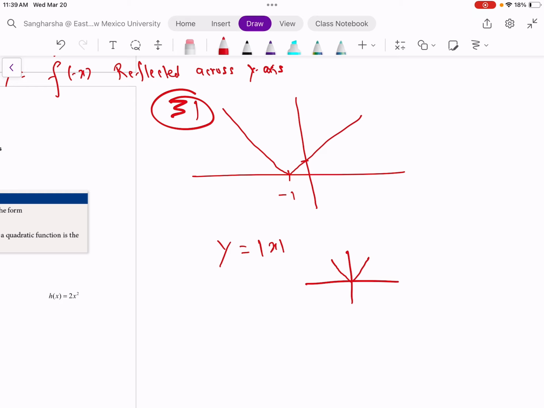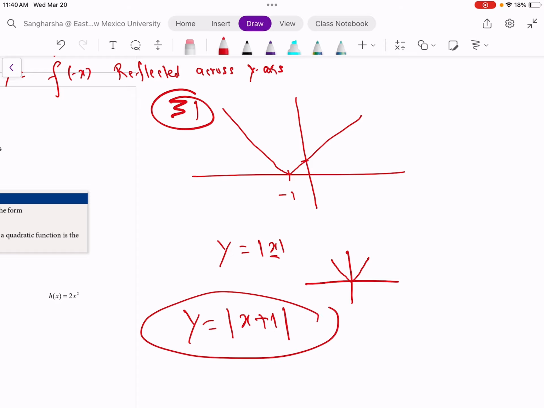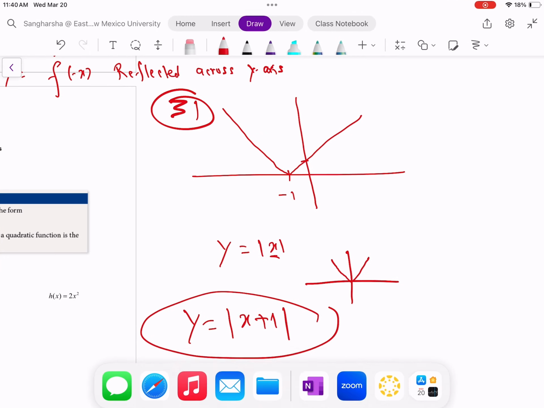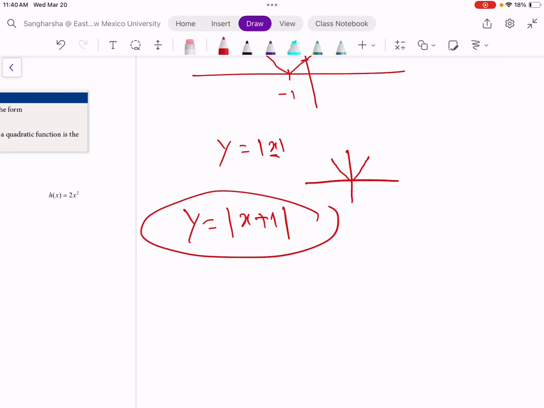What does shifting left by 1 unit mean? We have to replace x of a function by x plus 1. So instead of x, you write y equals the absolute value of x plus 1, and this is the function. Absolute value of x plus 1 is the function for this graph.